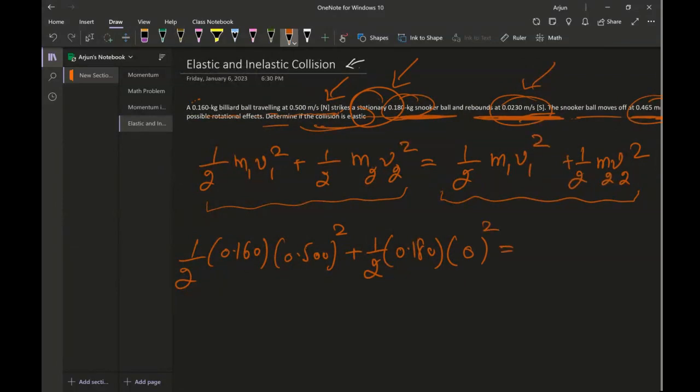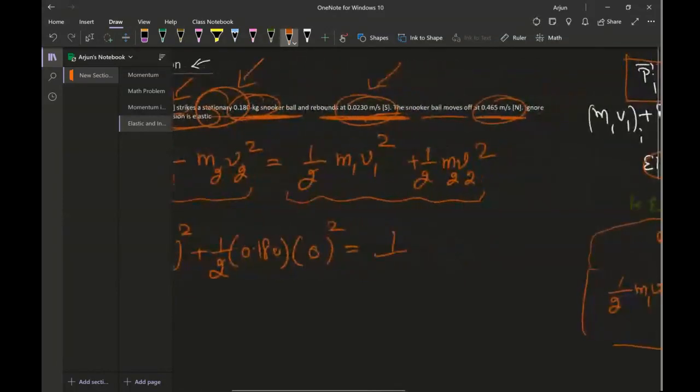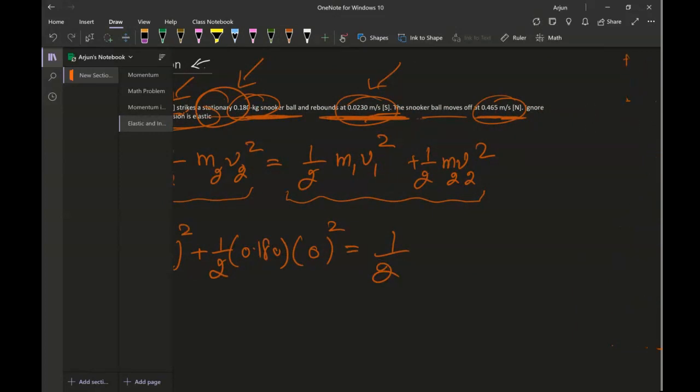So 0 square, which is equal to half times, if I elaborate on this, let me make some space down here, half times 0.160 multiplied by the velocity.